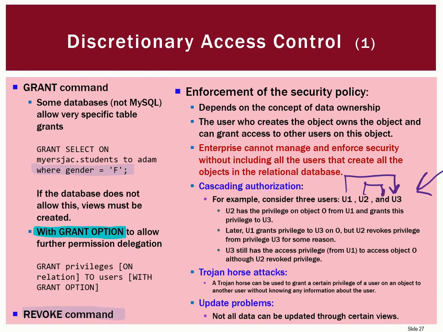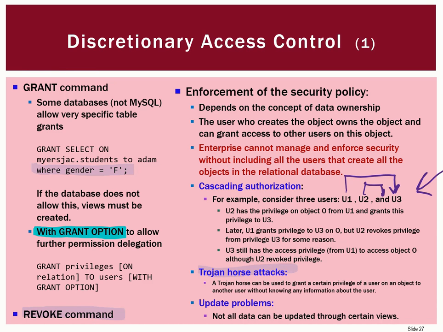And the grant option can also be used in something called the Trojan horse attack. The Trojan horse attack says that you can grant privilege of a user to another user without knowing any information about them.